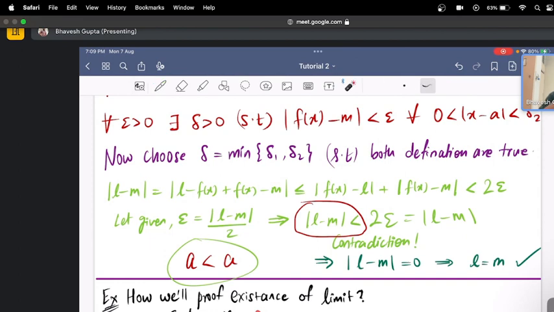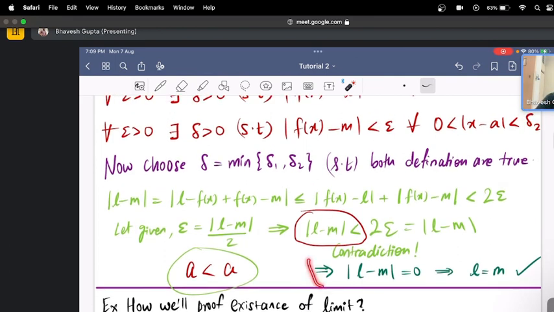So my actual conclusion is that L and M are the same, because that's the only way you can satisfy everything. That's the only way out of your problem. So this is how you prove that L and M are the same.